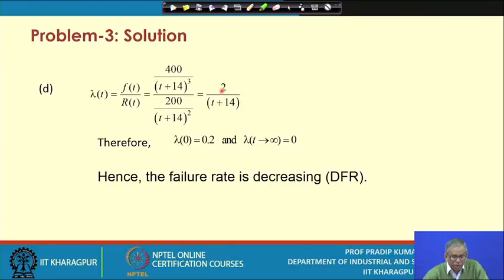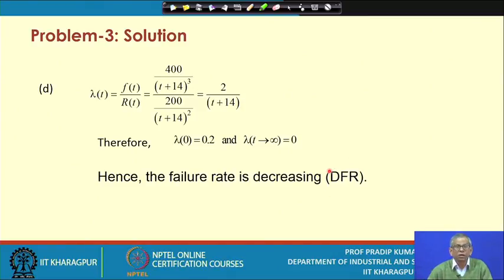So ultimately you get a value of 2 divided by (t plus 14). Therefore, when lambda 0 is equal to 0.2 and lambda(t) as t tends to infinity, it becomes 0. Hence the failure rate is decreasing. That means a decreasing failure rate case.